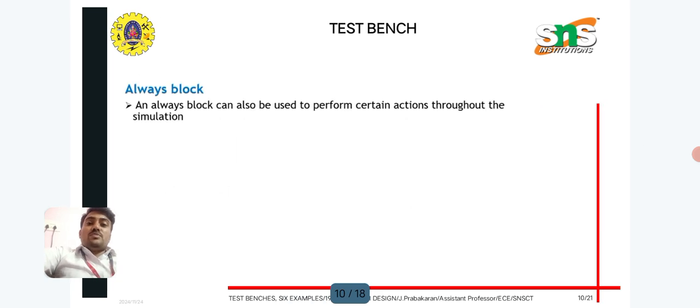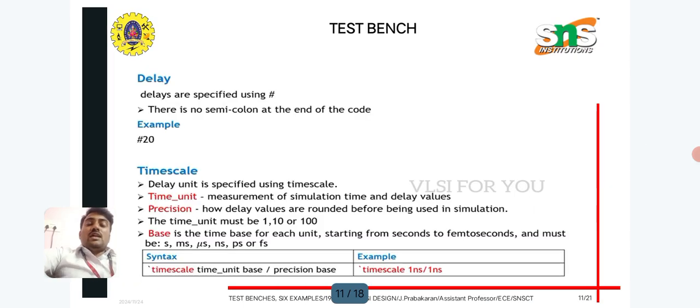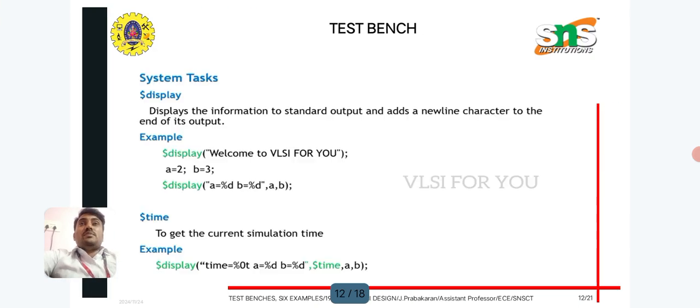And the always block, already we have discussed, can also be used to perform certain actions throughout the simulation. And delay, if we need delay, we can use the hash and delay unit, otherwise we can leave it. The hash symbol represents the delay. And these are all optional.